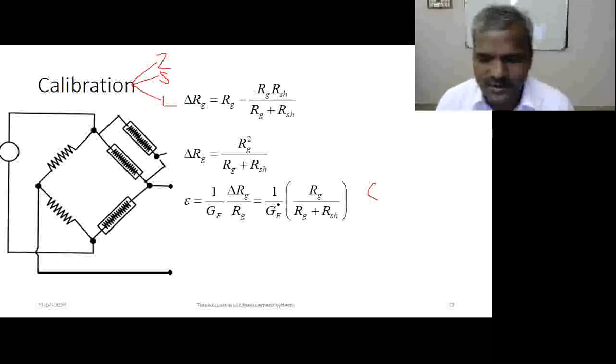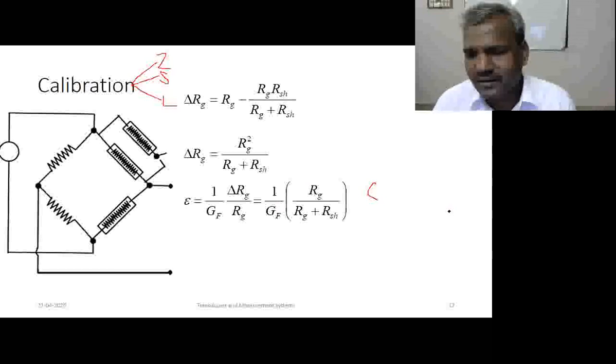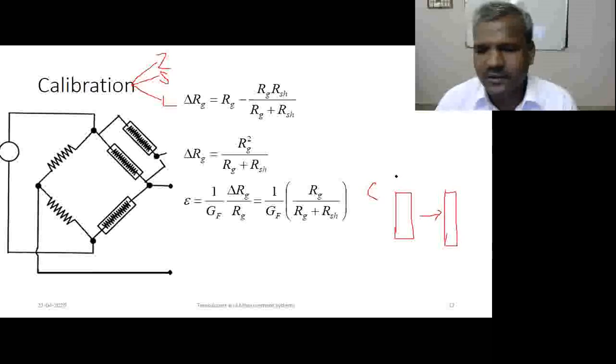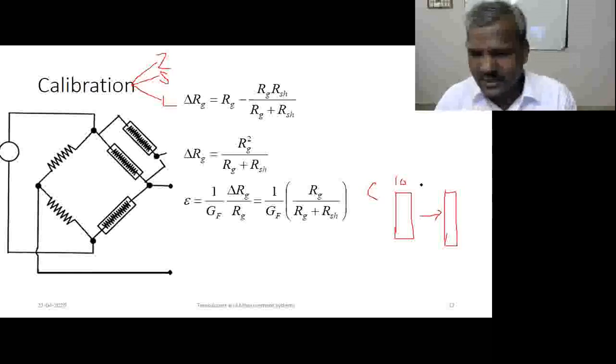Calibration is nothing but comparing the test instrument with the standard. Suppose this test instrument has an accuracy of 10% error. This is the test instrument and this is the standard.